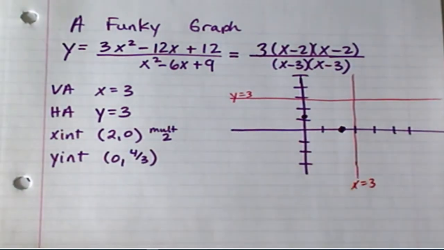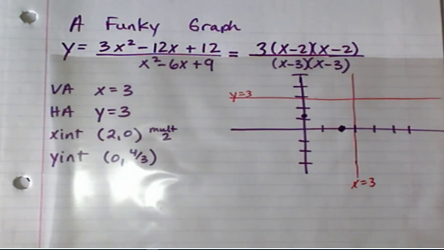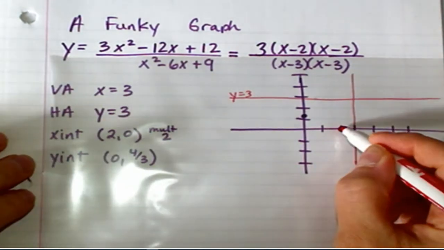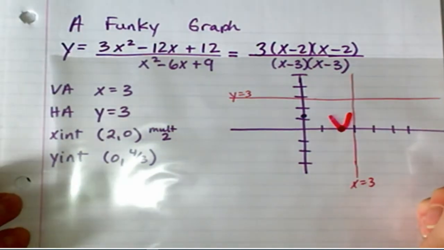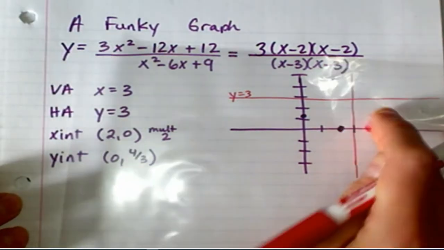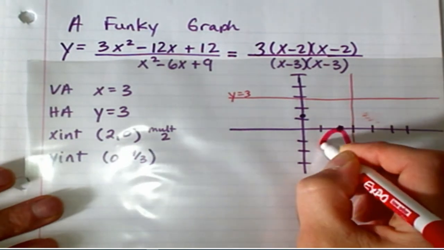Now I'm going to test my sections. Because if we're thinking about multiplicity, I'm going to put a little clear sheet here, and we're just going to think about our multiplicities. If this has to be a double, it's got to bounce like this, or it has to bounce like this.